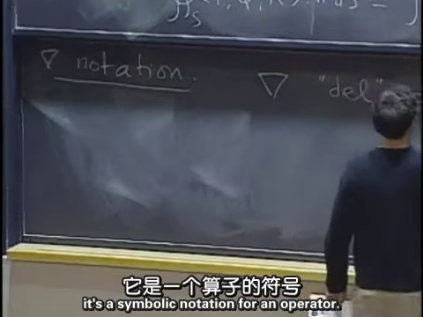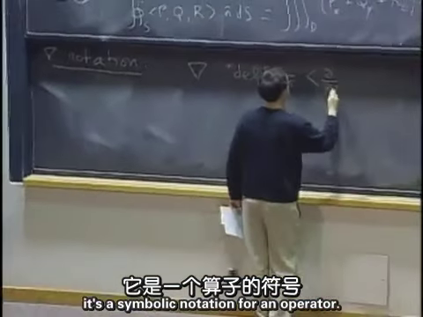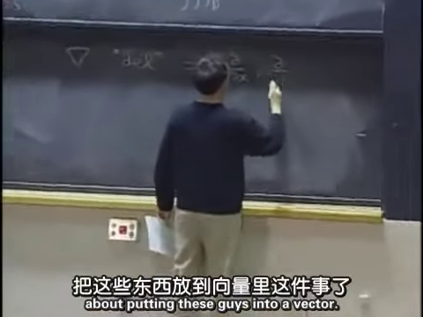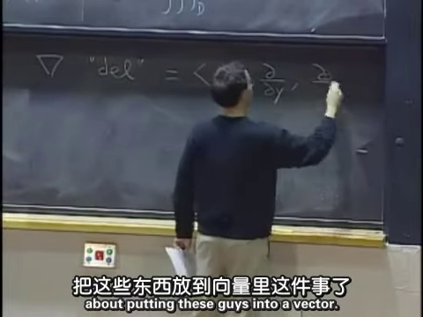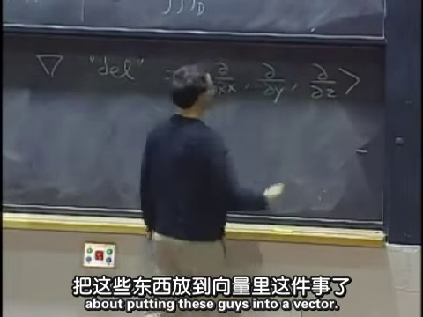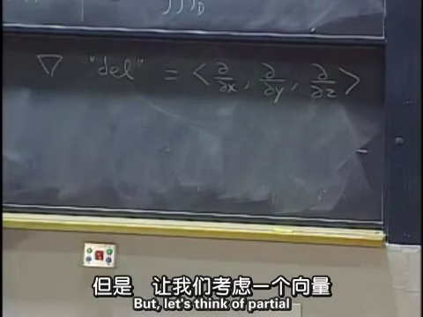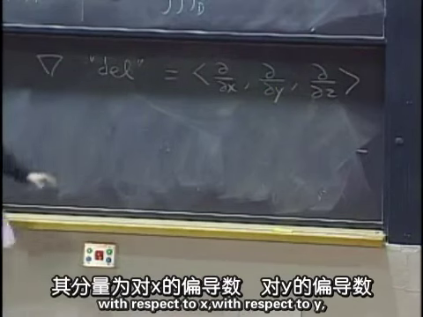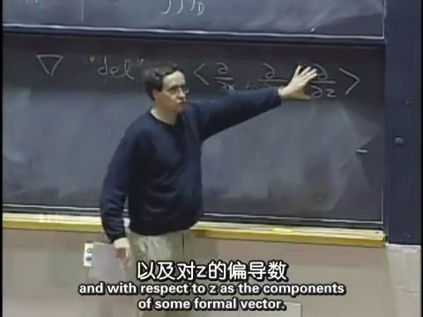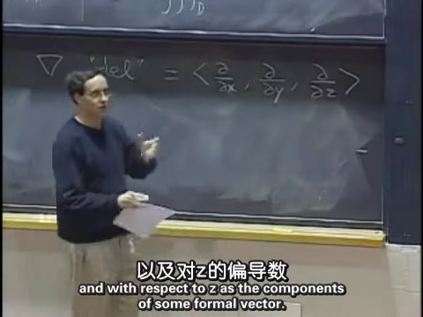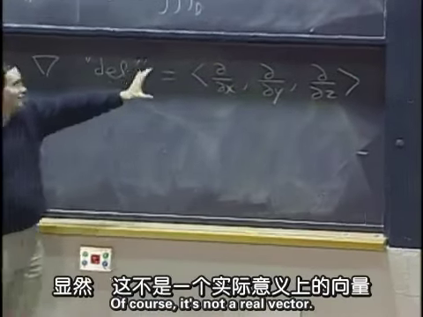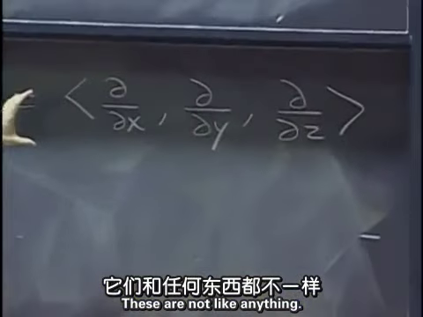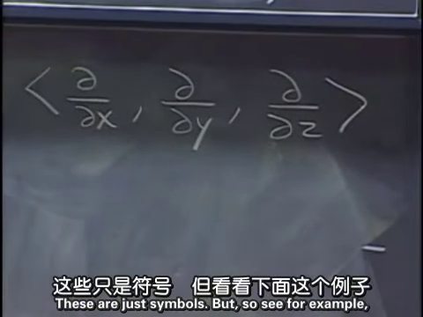It's a symbolic notation for an operator. So you're probably going to complain about my putting these guys into a vector, but let's think of partial with respect to x, with respect to y, and with respect to z as the components of some formal vector. Of course, it's not a real vector. These are just symbols.